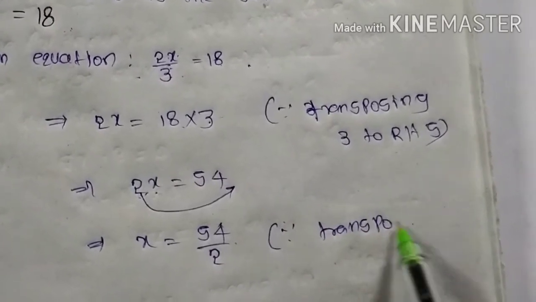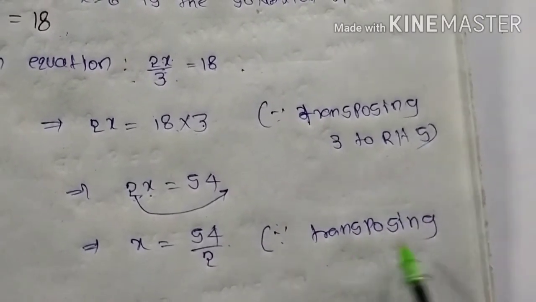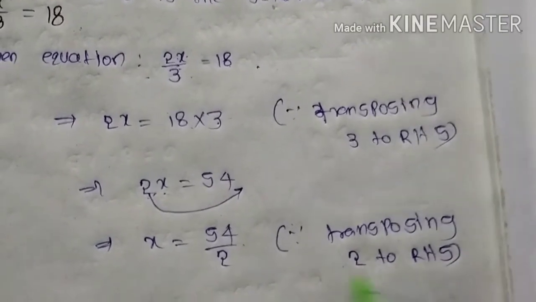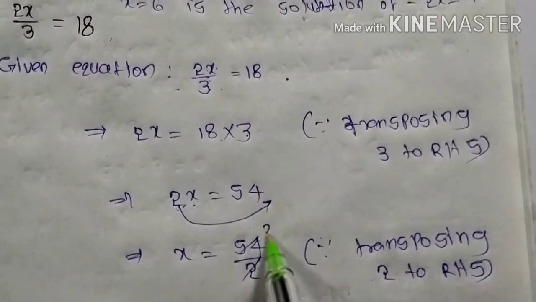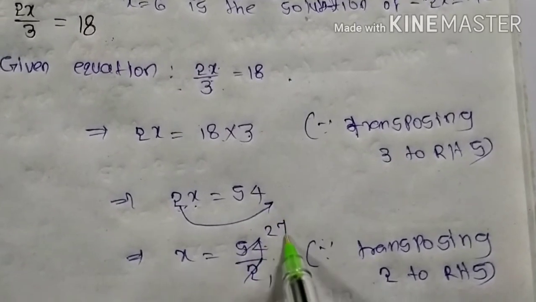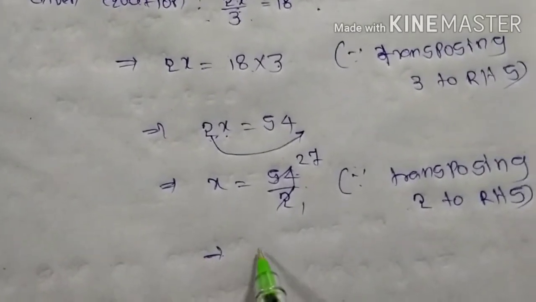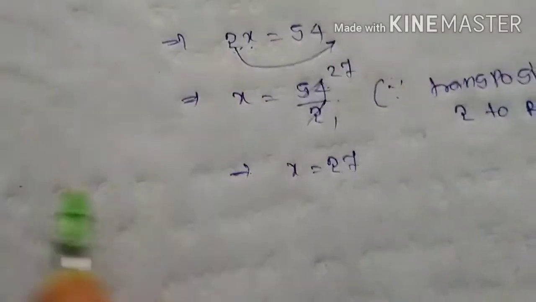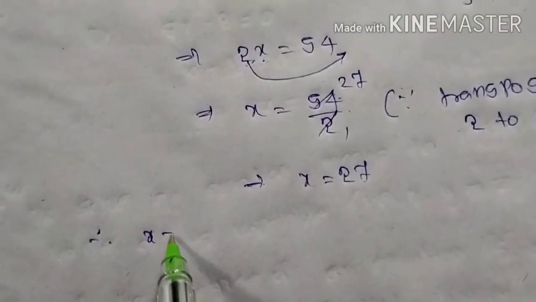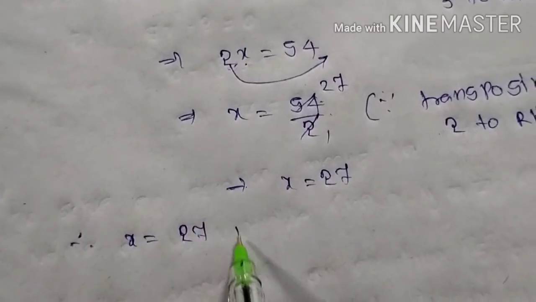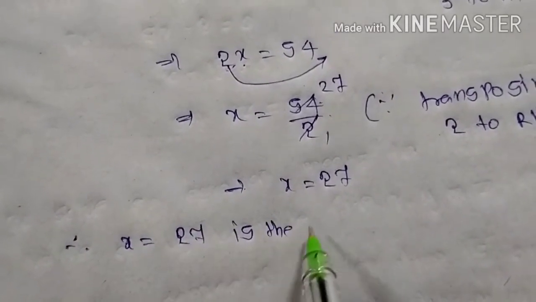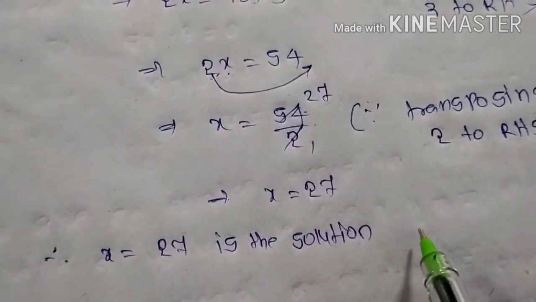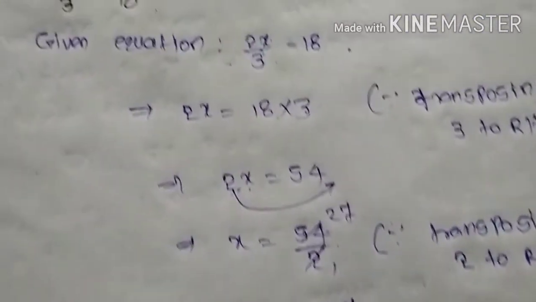Transposing 2 to RHS. You know 2 twos are 4, 2 sevens are 14. That means here how much? Your answer is x is equal to 27. Therefore, you can write here x is equal to 27 is the solution of which one?